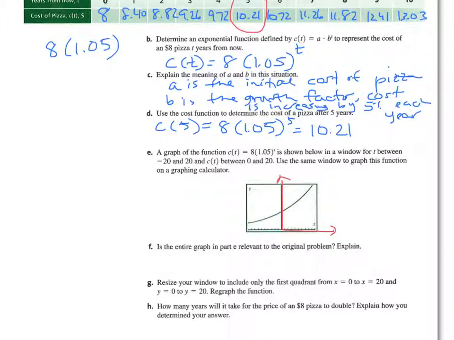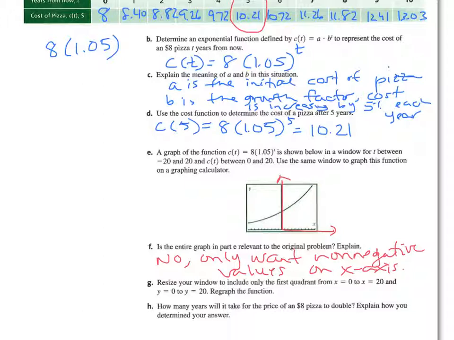Okay, so the whole graph is not relevant. We only want non-negative values on the x-axis, because that's our t, that's our time, number of years.